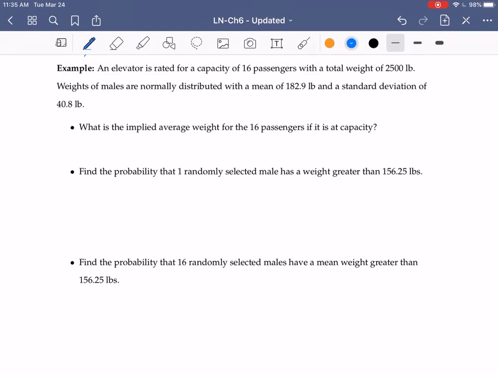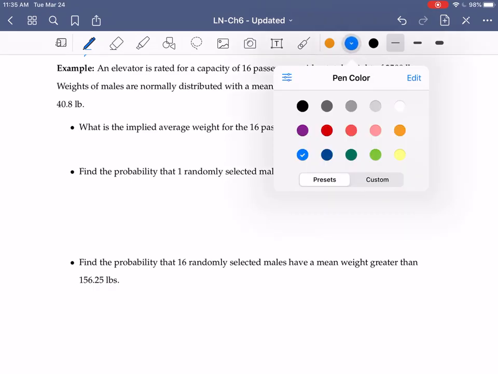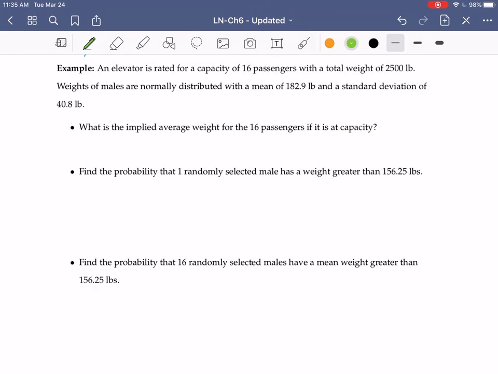The first is, what is the implied average weight of the 16 passengers if it is at its capacity? Again, we saw above that the weight capacity is 2,500 with 16 passengers. So if it's at its capacity, the implied average is 2,500 divided by 16.